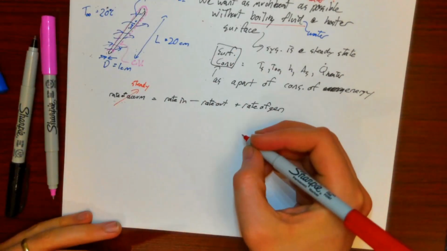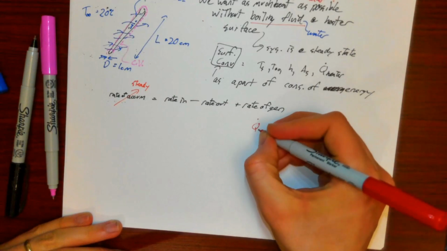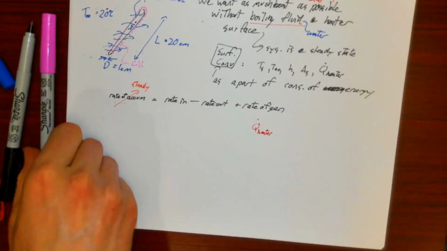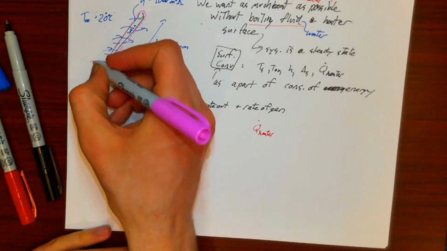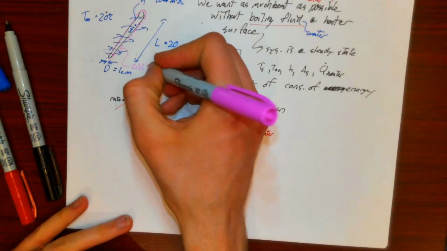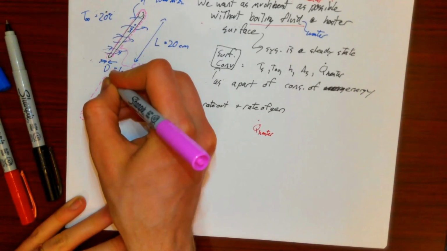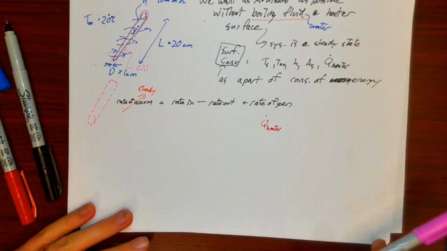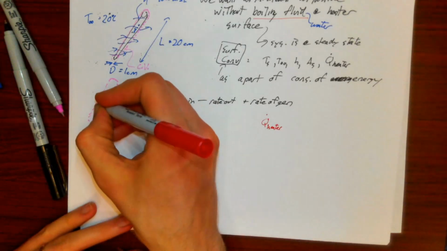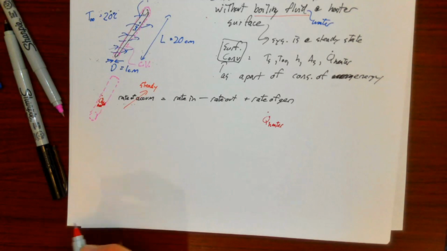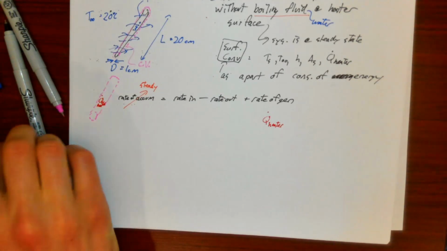So my rate of generation is going to be Q heater. And if I look at a simplified version of my control volume right here, I basically have Q heater generating heat inside of this control volume.